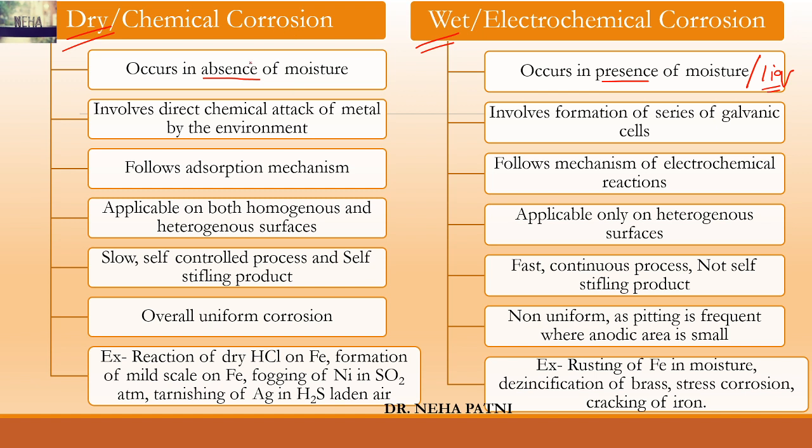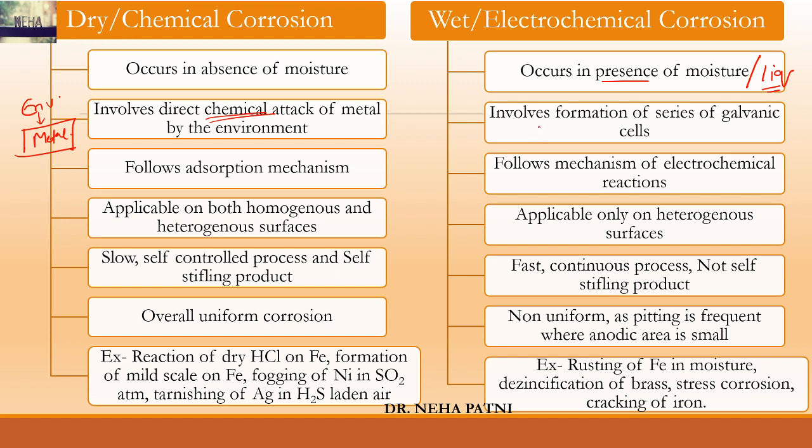The second point says that in dry corrosion there is a direct chemical attack. If a metal is in contact with the environment, then there is a direct attack of the environment on the metal, and the attack is chemical in nature.